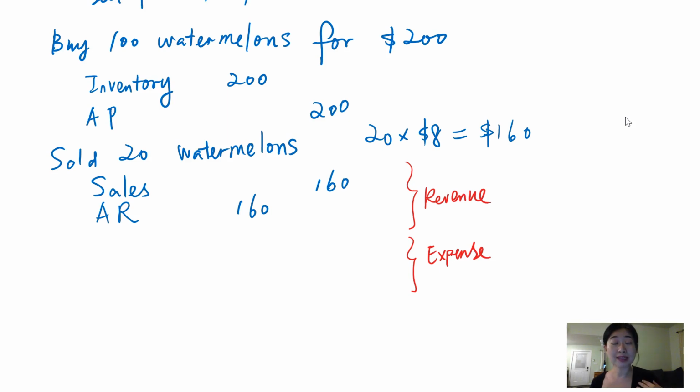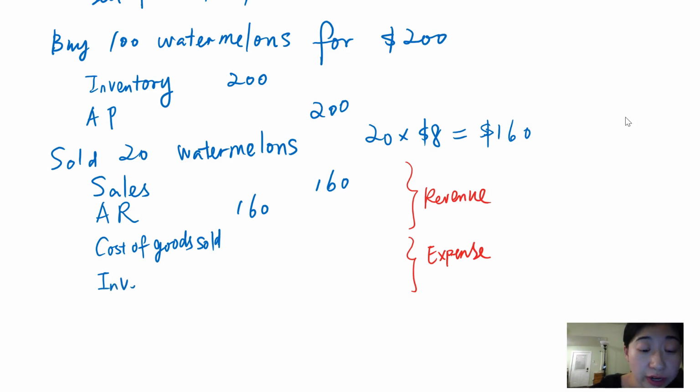So the expense associated with selling products is called cost of goods sold. So I'm gonna write down the account cost of goods sold. And the other account I would use is inventory, because your inventory did reduce when you sell the 20 watermelons. You no longer have the watermelons.